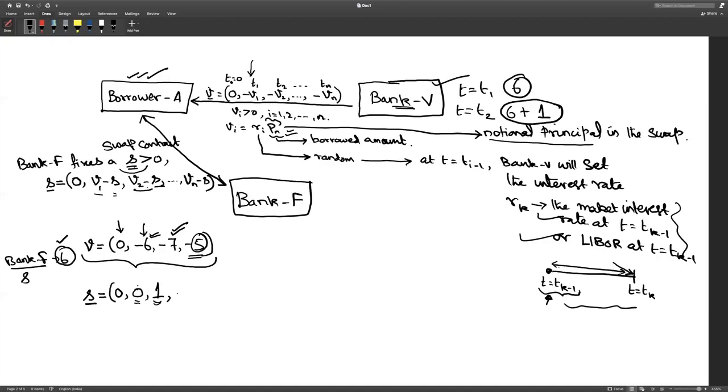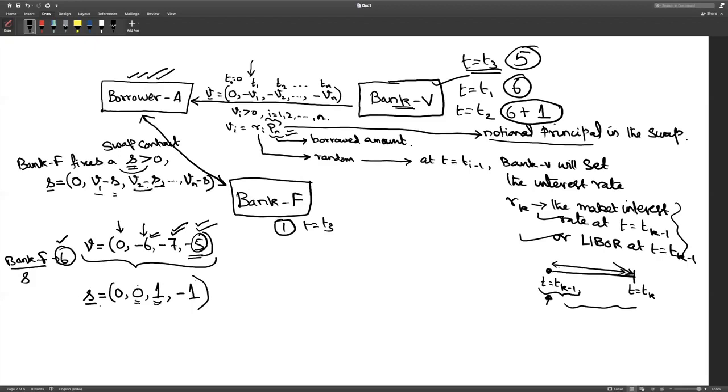Therefore, bank F will take 1 rupee from borrower A. Borrower A will pay 1 rupee to bank F at T3, and go to bank V and pay 5 rupees, because bank V asked only 5 rupees at T3. But his agreement is that he pays 6 rupees constantly at every time period. Therefore, he will pay bank F 1 rupee and bank V 5 rupees, and thereby make his obligation 6 rupees. So this is the basic idea of a plain vanilla swap.